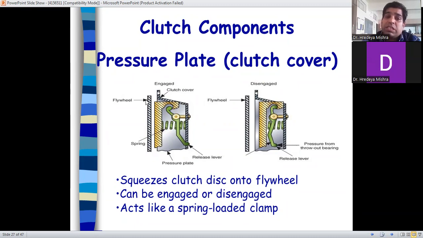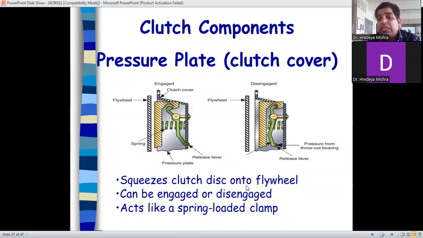Engage position means in this position the engine power is transmitted to the driver shaft, and in the disengage position the engine power can't transfer to the driver shaft. So this happens when we press the clutch, meaning when we apply force on the pedal.